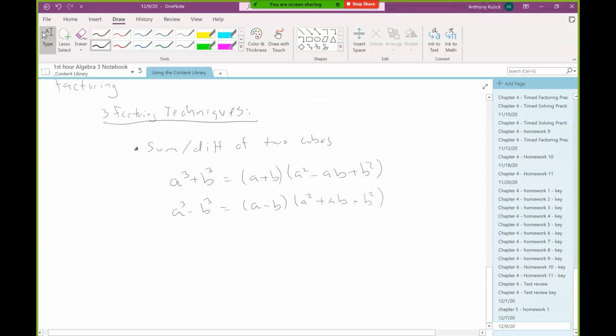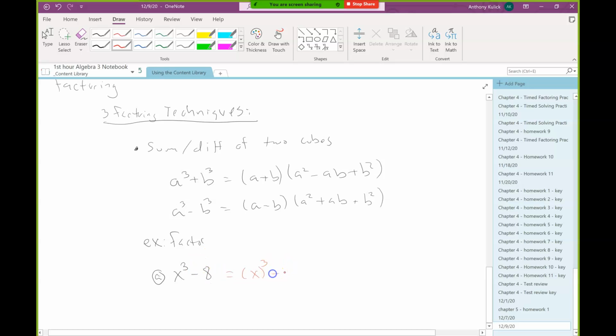So let's do an example of how we can use those factoring patterns. Let's say we have x cubed minus 8. So it should be easy to see that x to the third is x cubed. So clearly x is something cubed.